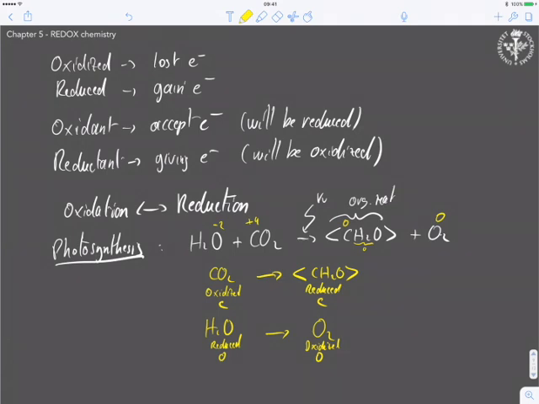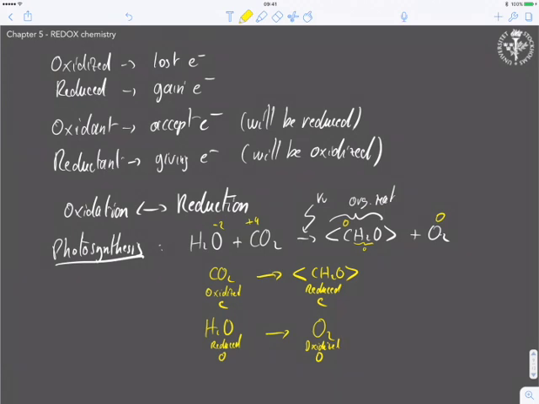Again, this is about the difference in oxidation state. The oxygen in water is more reduced than the molecular oxygen. The carbon in CO2 is theoretically oxidized compared to the carbon within an organic molecule.